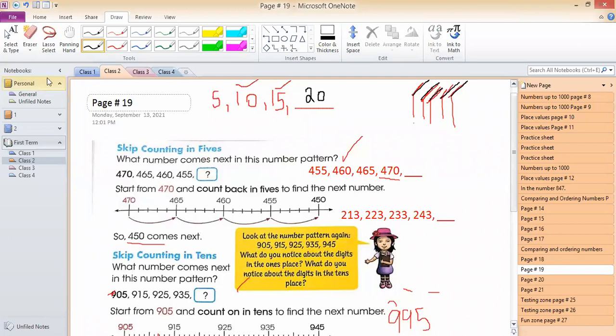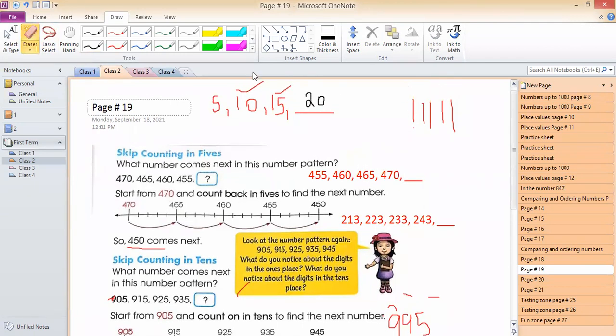Okay. So here, one more example, 455, 460, 465, 470. What will you do? First, you will check what is the pattern after 455. 456, 457, 458, 459, and 460. So you count in fives and you get the next number, right?